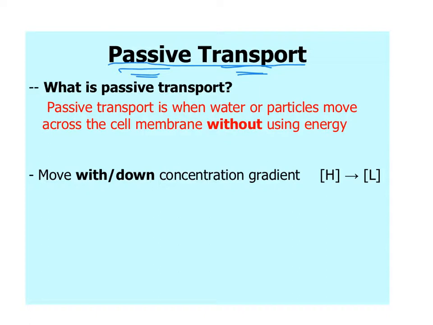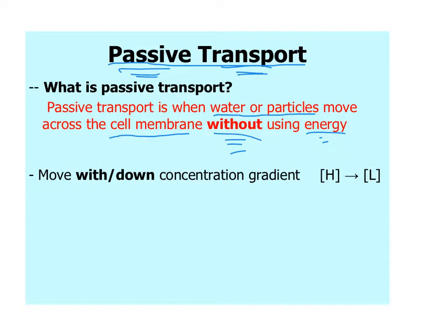So what is it? Passive transport is when water or other molecules move across the cell membrane without using any energy from the cell. So make sure you take that down in your notes. Passive transport is when water or particles, molecules, move across the cell membrane without using any energy.